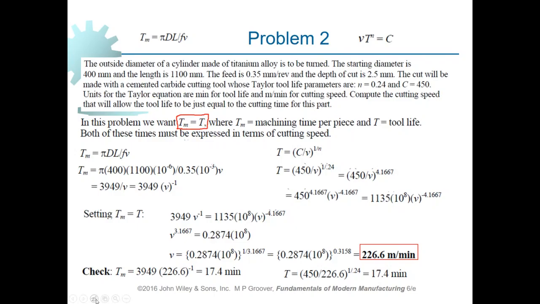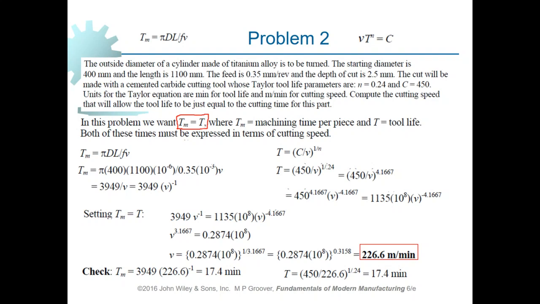So this equation will change to 2 Tm is equal to T. If we want to machine n number of parts, if it is possible, sometimes it's possible, sometimes it's not. If we want to machine 10 workpieces with the same cutting tool, then 10 Tm will be equal to T.